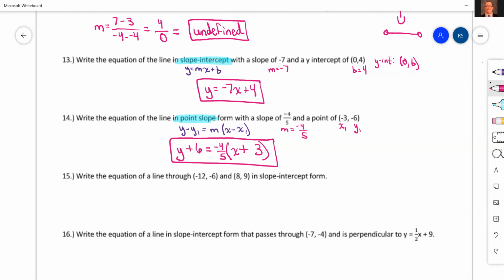Okay, next they want us to write the equation of a line through these 2 points in slope intercept form. So what form are we looking for our answer to be in? Y equals mx plus b.